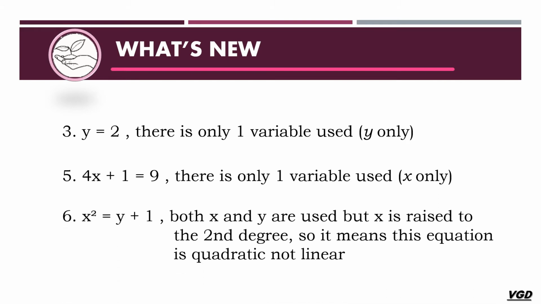And for number 6, we got here x squared is equal to y plus 1. So both x and y are used, so they have two variables, right? But x is raised to the second degree. So the exponent is 2, so it means this equation is quadratic, not linear.